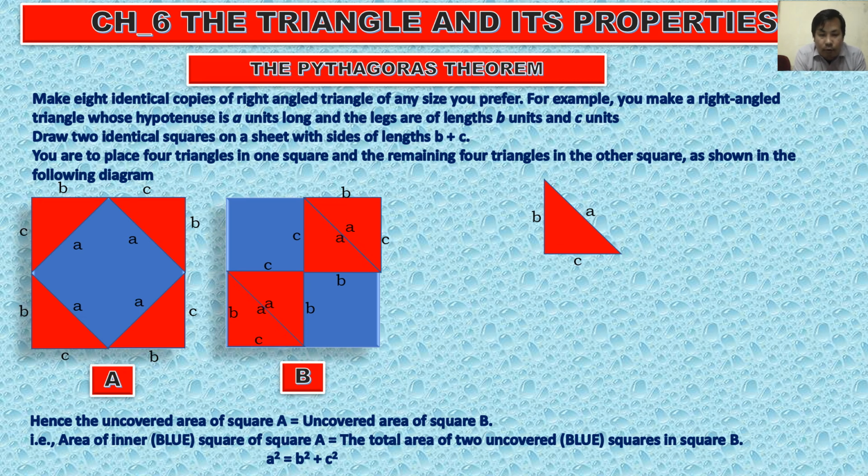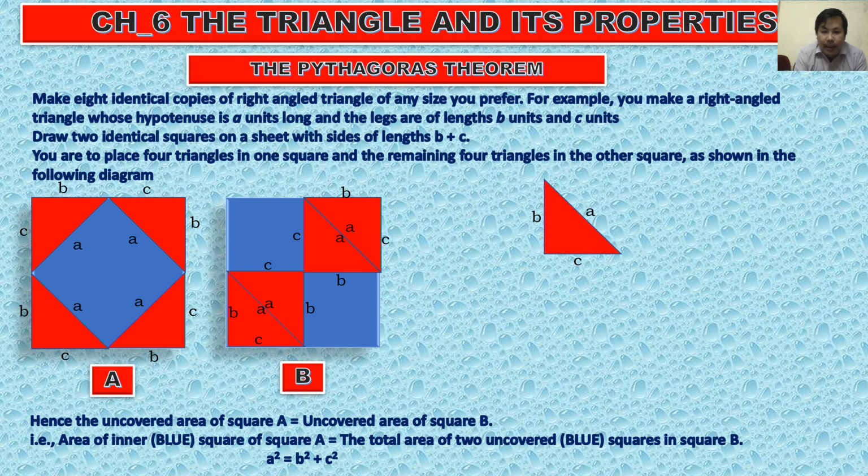So this is the formula, or the theorem, that is told by the Pythagoras theorem. It means the square of the hypotenuse is equal to the sum of the squares on the two legs.